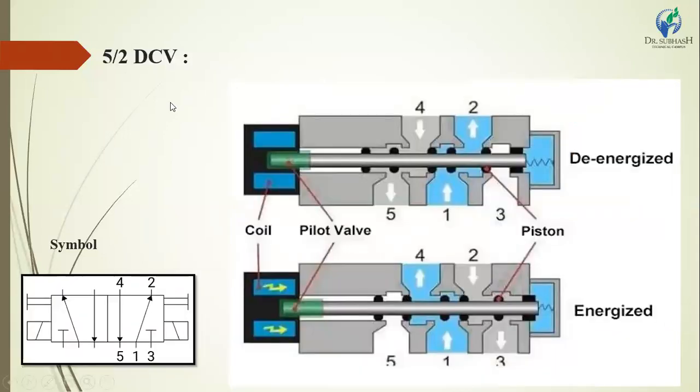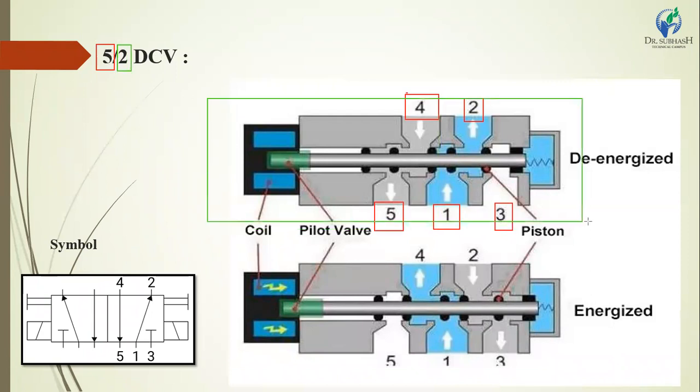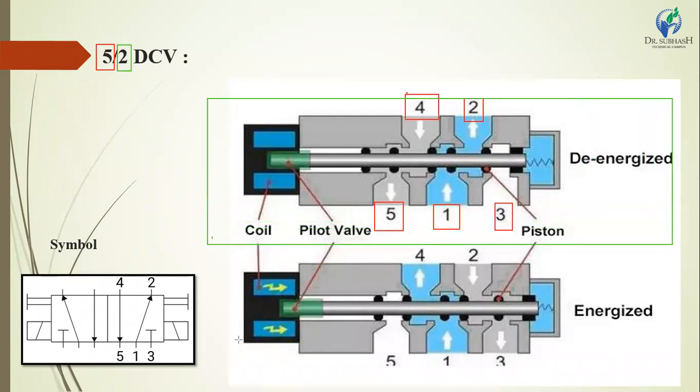The next is a 5/2 DCV. The 5 means the number of ports is 5: 1, 2, 3, 4 and 5. The 5 ports are available in the direction control valve, and the 2 means two positions are possible.